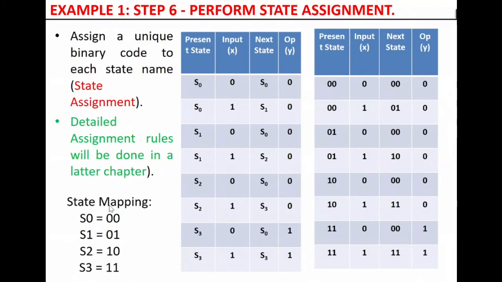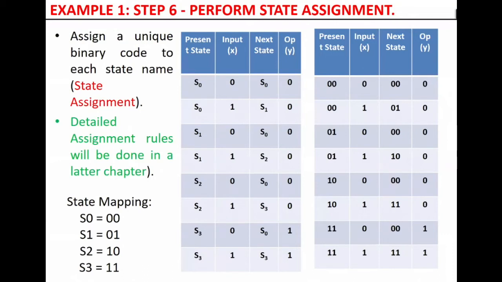And there's a way you can map things to reduce the cost of your machine, which is a subject of a later topic. But for now, let's call S0 00, S1 01, S2 10, S3 11. So this will be 00. There is your 00 here. This and that remain. Let me take this. S2 is 10. That is why you have 10 here. S0 is 00. That is why you have that. So I've done a binary assignment.